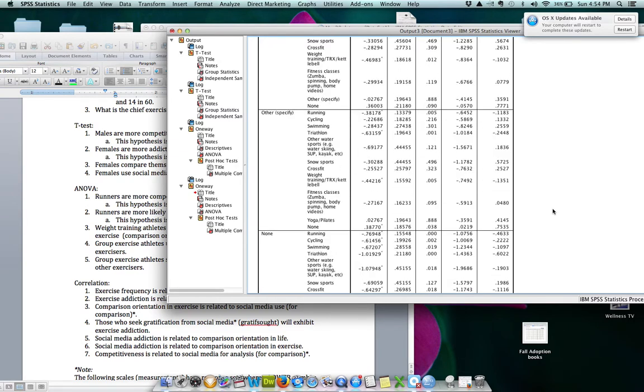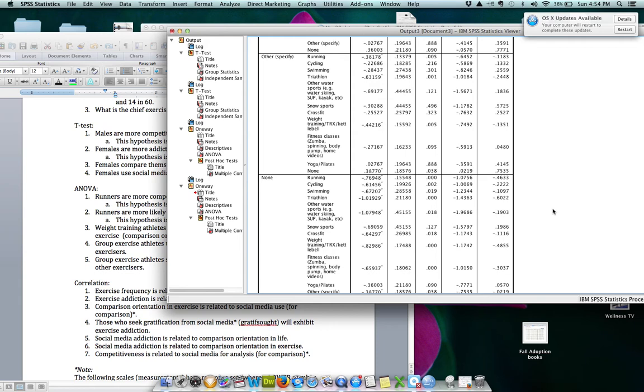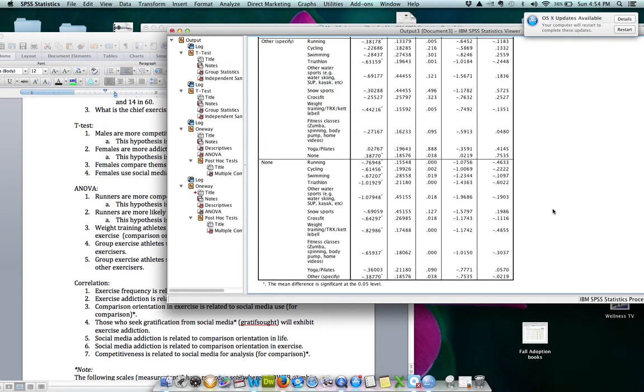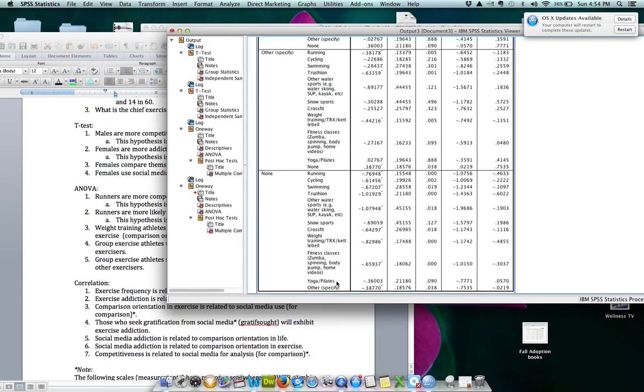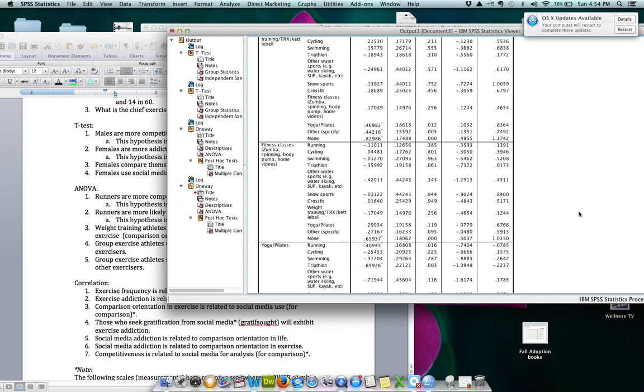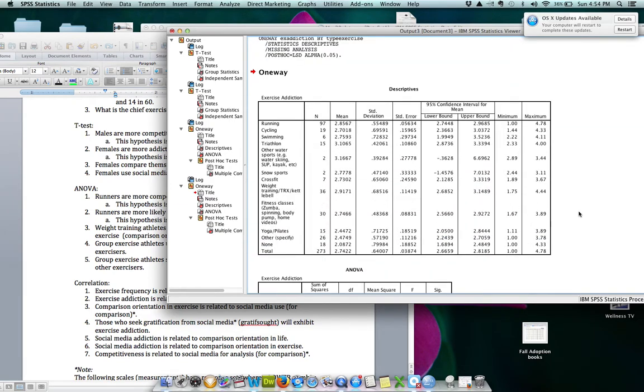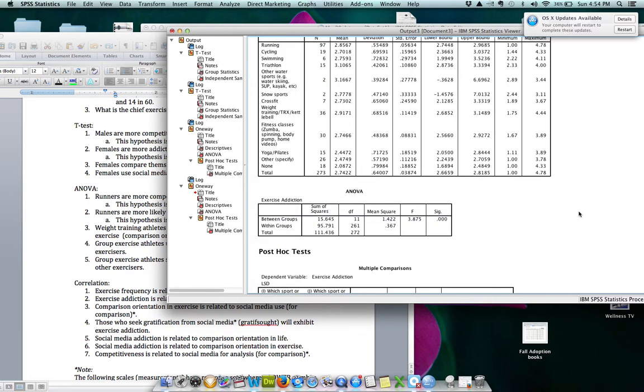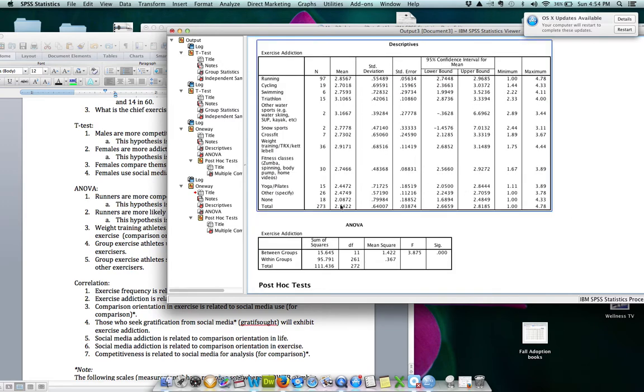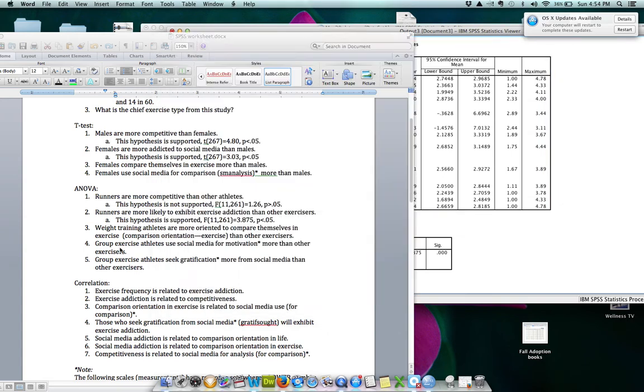But all ANOVA does is let you know that there are differences. It just looks like people who said none are overall, no, maybe not. Oh yeah, they're the least likely to exhibit exercise addiction. So this is actually not supported.